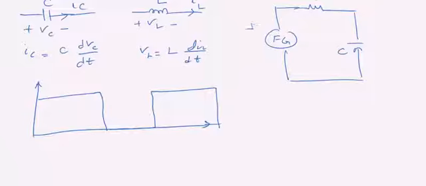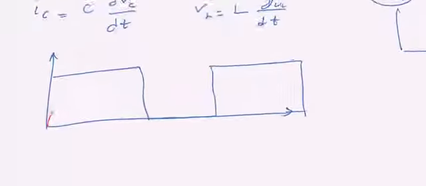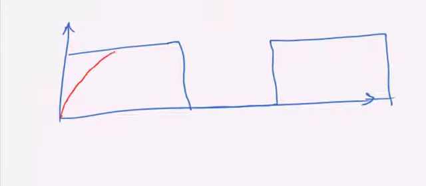Because of the charging and discharging characteristics of the capacitor, when it sees a jump here, it cannot quickly jump, so it gradually tends to go up to reach the target.